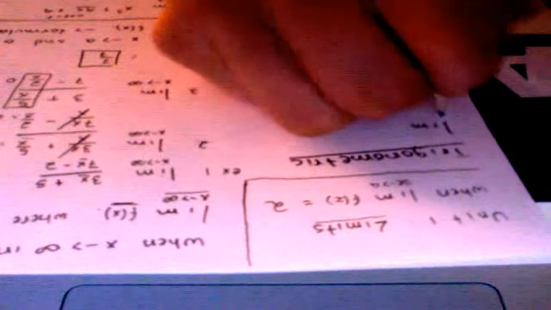Okay, trigonometric limit. So let's say we have the limit as x approaching 0 of sine 3, no, my mistake, sine 3x over x.